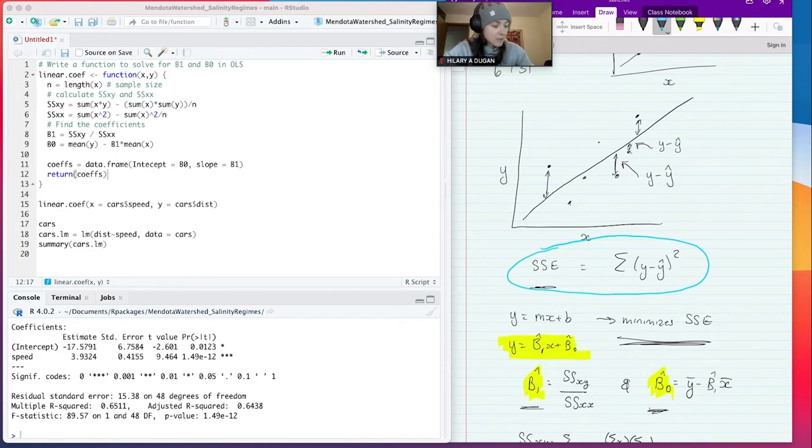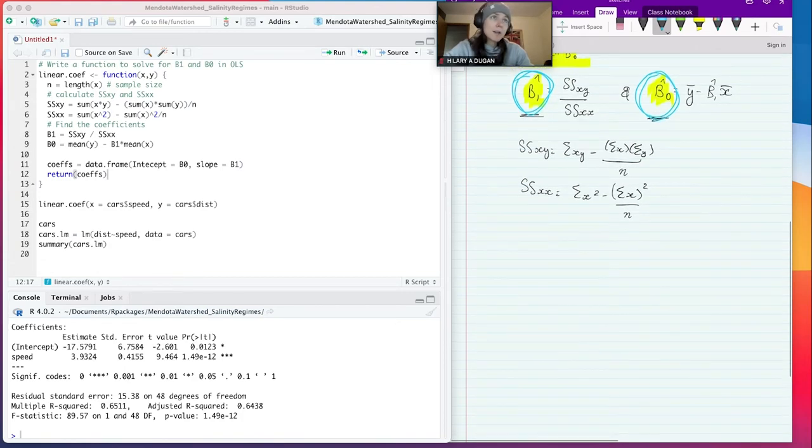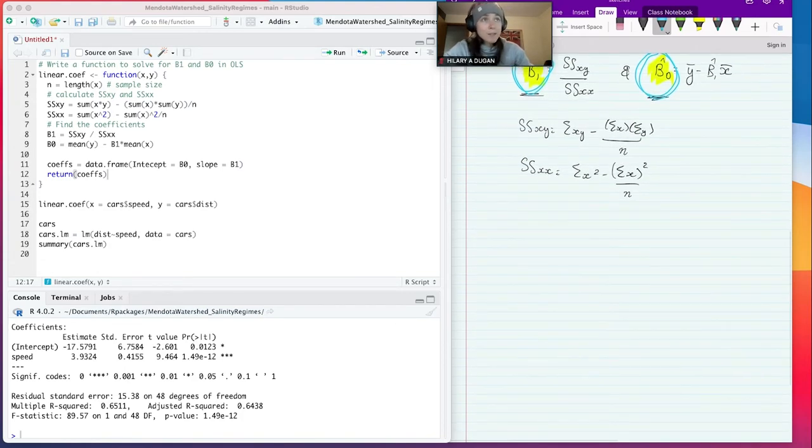So keep subbing in different values for B1 and B0 until we find the best answers that minimize the sum of squared errors. And in modeling, one thing we call that is optimization. We're trying to optimize these parameters to best fit our line.